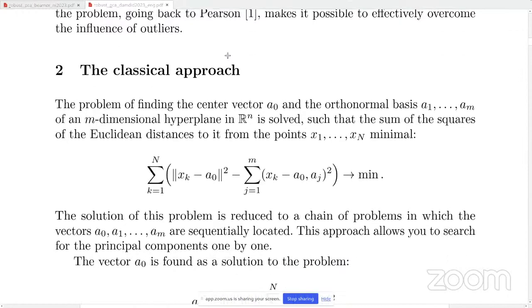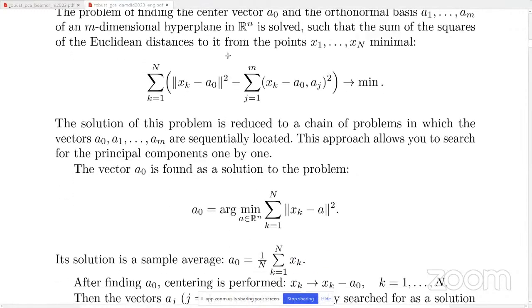We try to find an n-dimensional hyperplane in n-dimensional Euclidean space so that the sum of the square of Euclidean distances from the points to that plane is minimal. This solution is reduced to a sequence of subproblems.